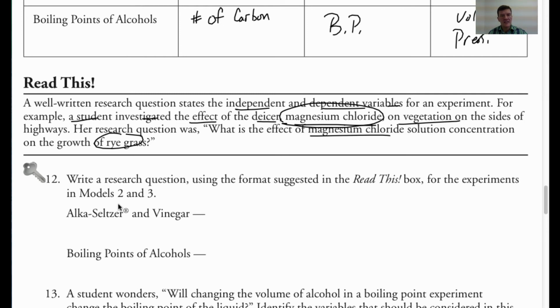Number 12, again, a key question for us. It says, write a research question using the format suggested in the Read This box for the experiments in Models 2 and 3. So, for the Alka-Seltzer and vinegar, we want to come up with a question tying these two together that would show us what the relationship is.